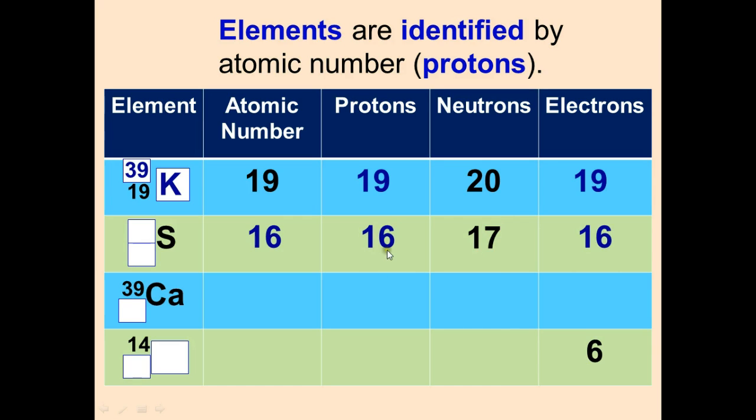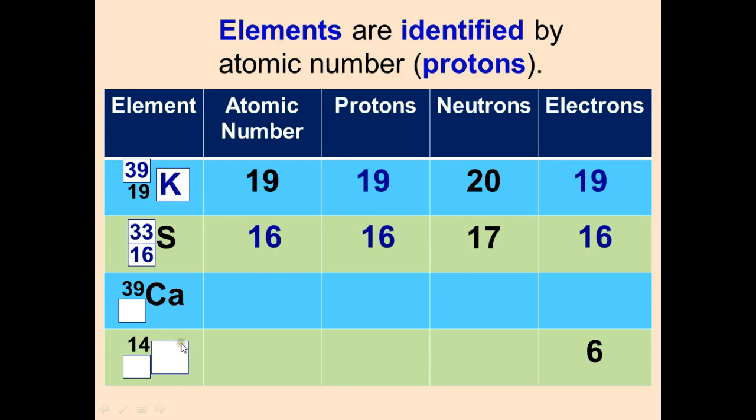To find the atomic mass, we add protons and neutrons, so 16 plus 17 is 33. We put 33 right here, and the atomic number goes here on the bottom of this little notation.